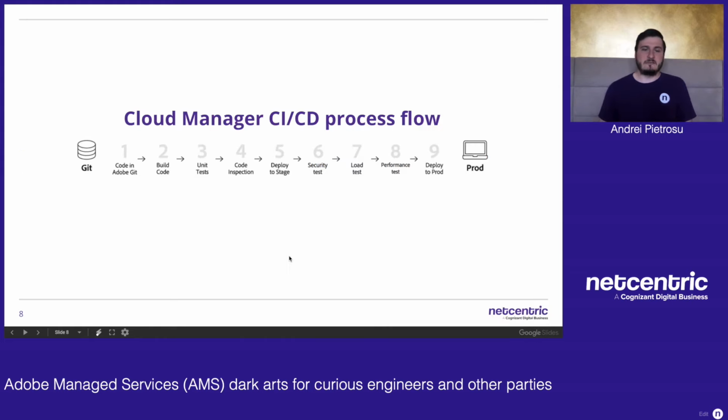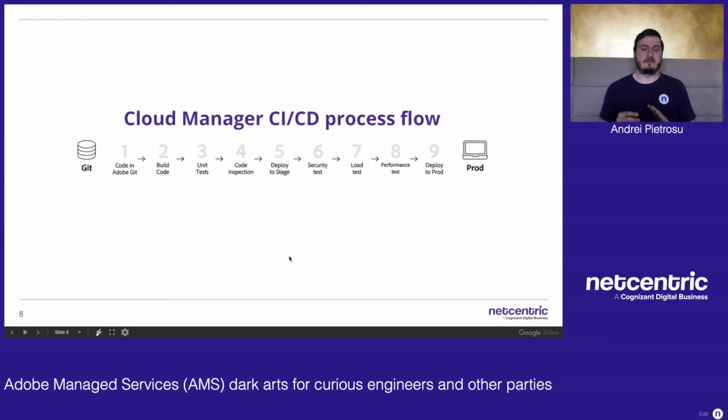So this is basically the normal flow of an AMS deployment cycle. You put the code into the Git from Adobe. You build the code in Cloud Manager, then it's unit tested inside the Cloud Manager. The code is inspected, it's deployed to stage, then they do a security test, then they do a load test, a performance test, and afterwards it's deployed to prod.